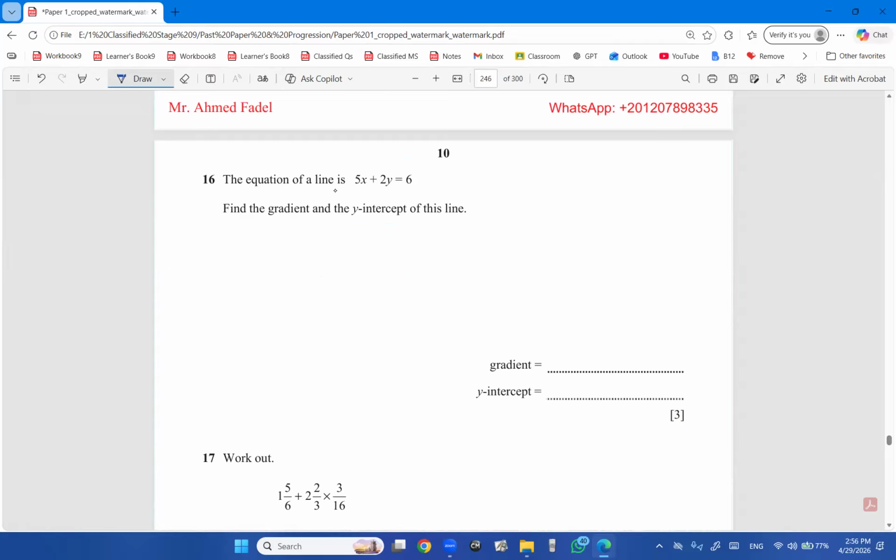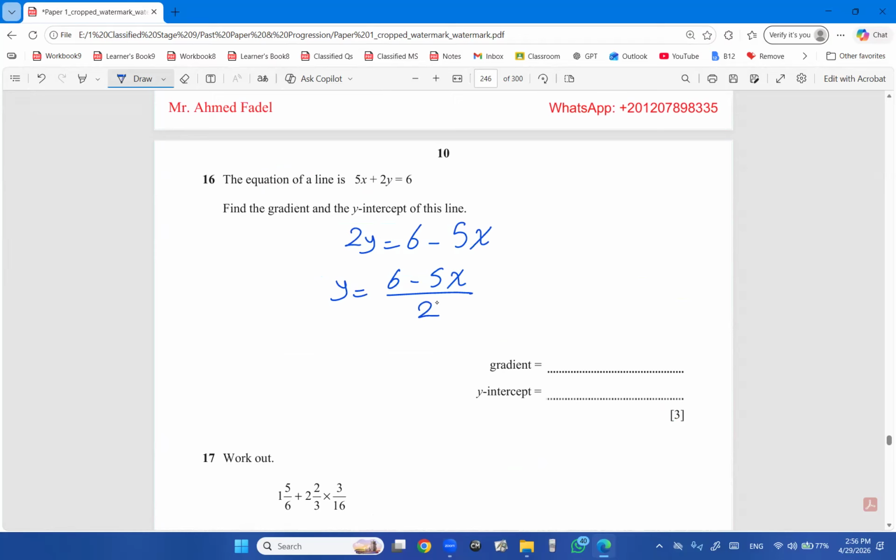The equation of a line is 5x plus 2y equals 6. Find the gradient. To find the gradient and the y-intercept, you must make sure that y is the subject. So 2y equals 6 minus 5x. Now, dividing all of this by 2, so y equals 6 minus 5x over 2.